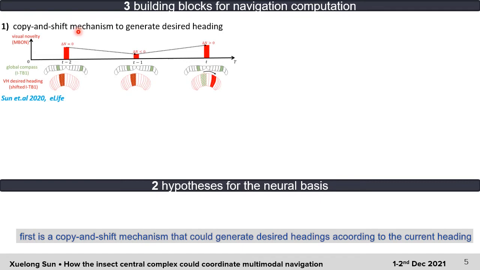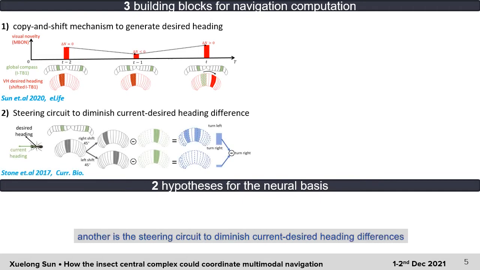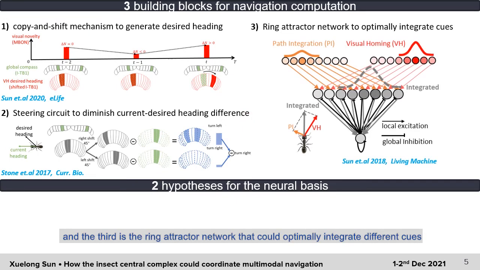First is a copy and shift mechanism that could generate desired headings according to the current heading and the presented sensory context. Another is a steering circuit to diminish the difference between current and desired headings. And the third is a ring attractor network that could optimally integrate the different cues.